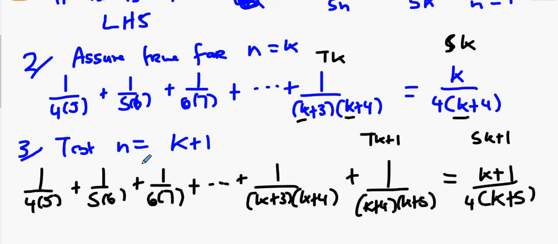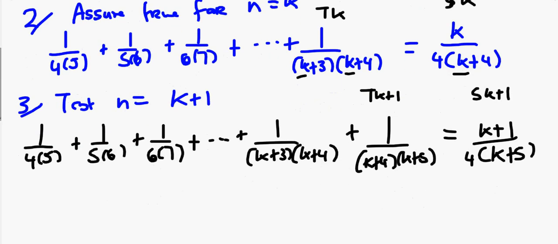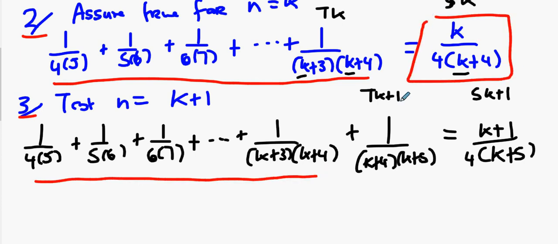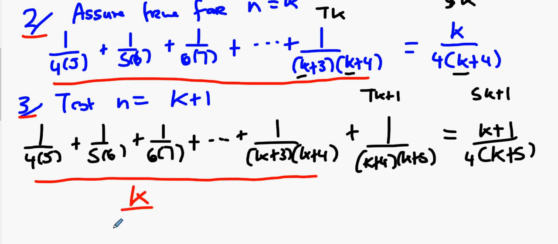Alright, and you do what we said we do all along, which is you use part 2 to answer part 3. You underline all of this in red. All of that is S of k. And we know that S of k is this part here. So it's going to be k over 4 into k plus 4.